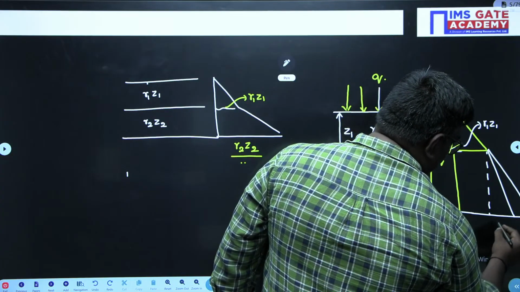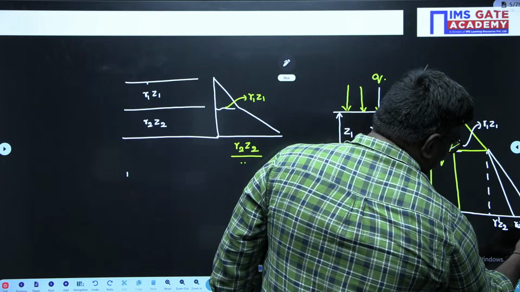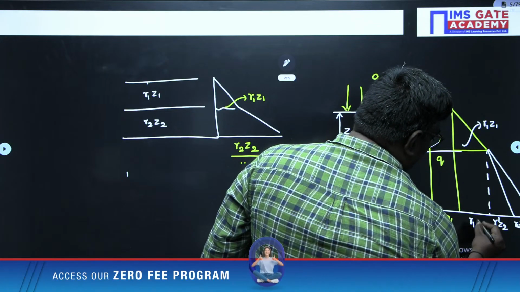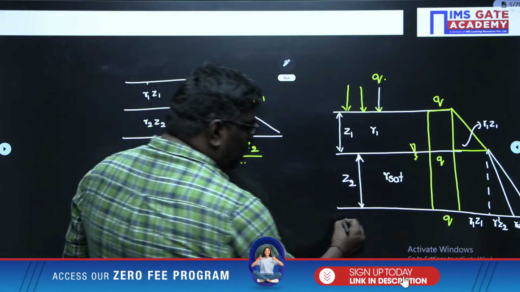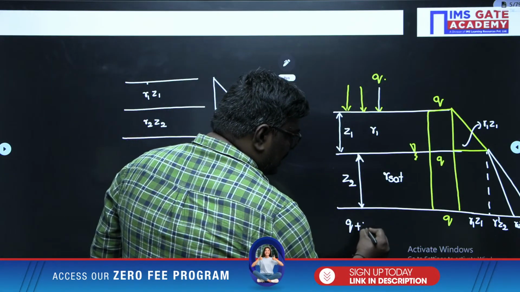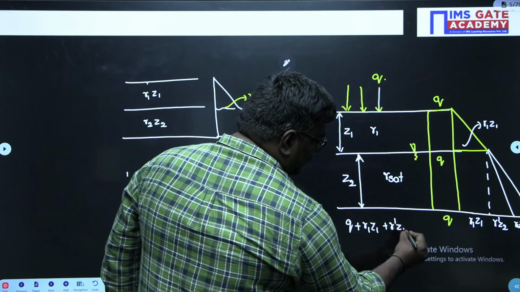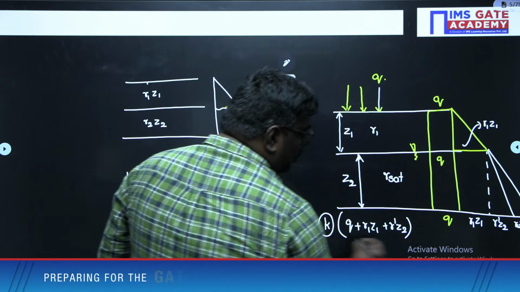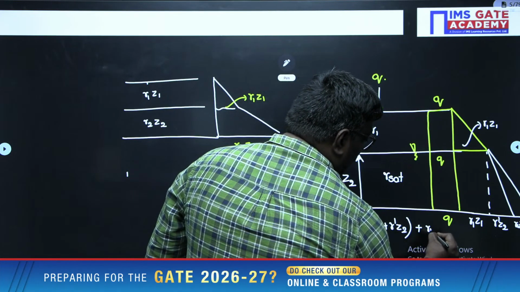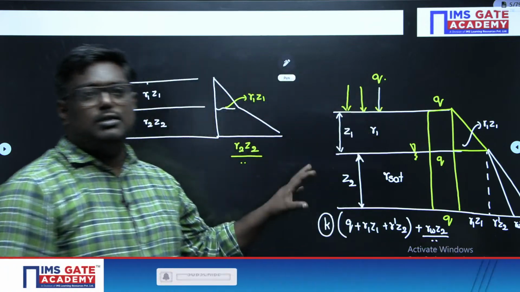And here, this can be written as gamma dash into Z2, and this is gamma W into Z2. So what is the stress at the bottom? Q plus gamma 1 Z1 plus gamma dash Z2. Only for this, you have to multiply with the coefficient of earth pressure. For water pressure, you should not multiply with the coefficient of earth pressure.